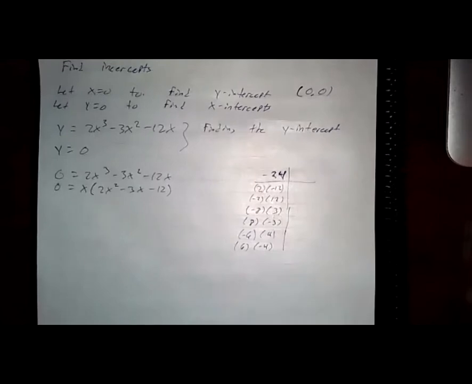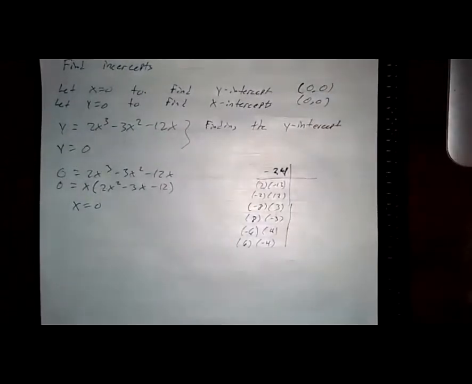Nothing adds up to -3. So the only solution here is x equal to 0. So it looks like this is our only intercept. Put all this information together and you should be able to sketch a graph.